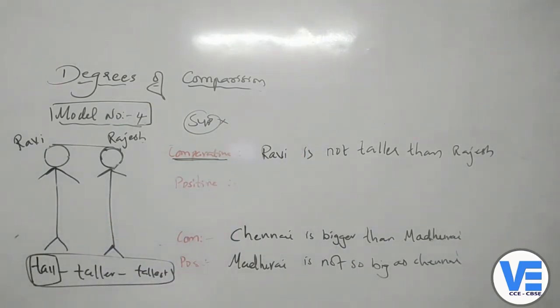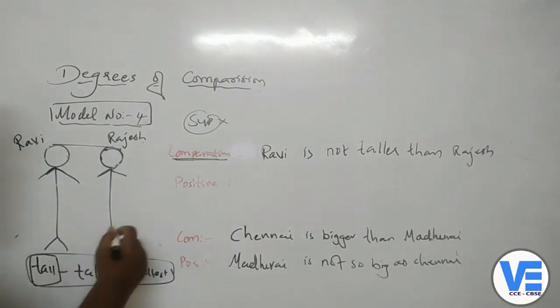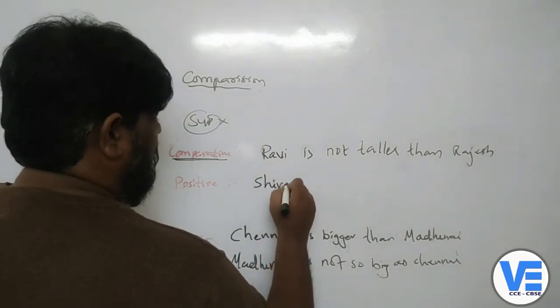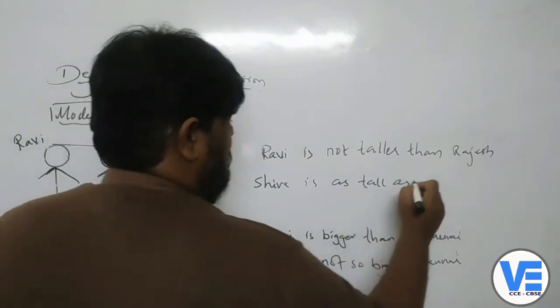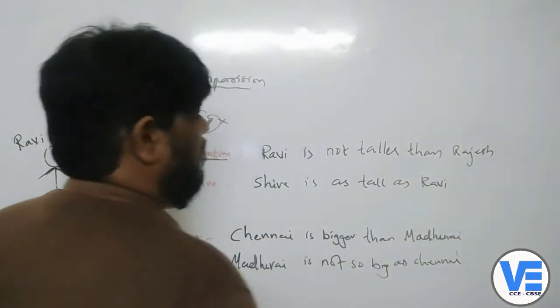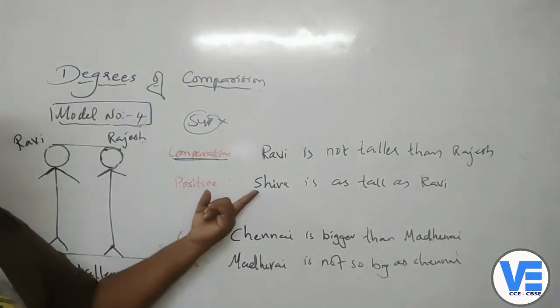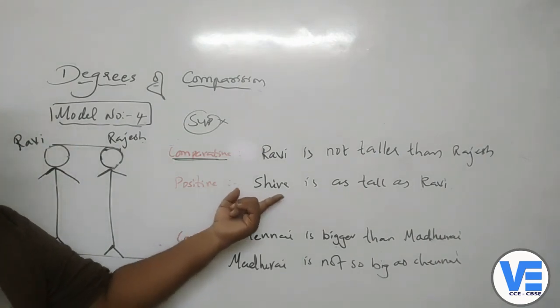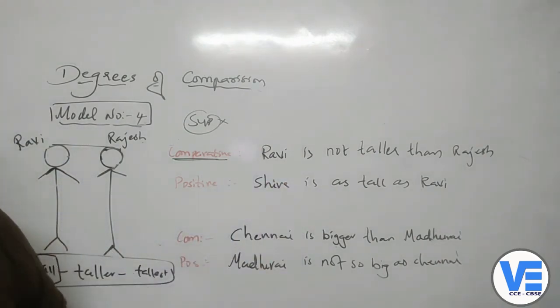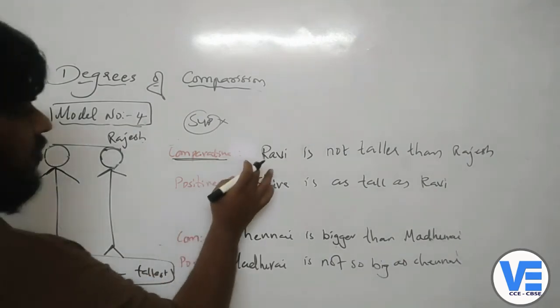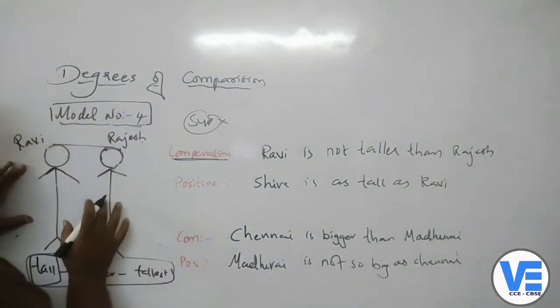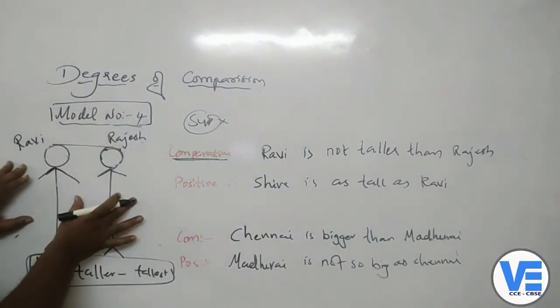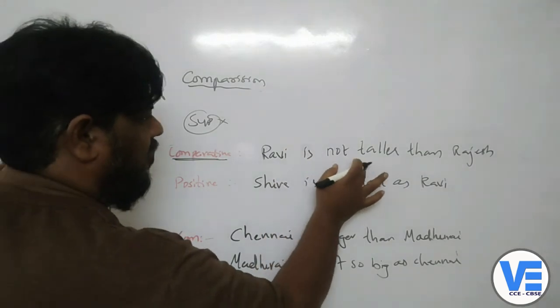And when you write the positive degree, what do you write here? Shiva is as tall as Ravi. Okay, so here it's a very simple statement we are making. Shiva is as tall as Ravi. That means Ravi and Rajesh here are both of the same heights, so we are saying that Ravi is not taller than Rajesh.